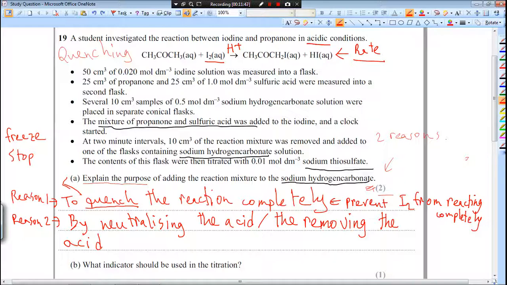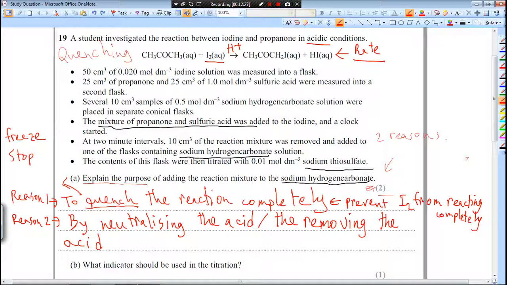Okay, so that the acid does not react with the sodium thiosulfate. After doing this, if we titrate this with sodium thiosulfate, this H+ ion won't get involved with this sodium thiosulfate in the titration, if we use sodium hydrogen carbonate to remove this H+ ion.